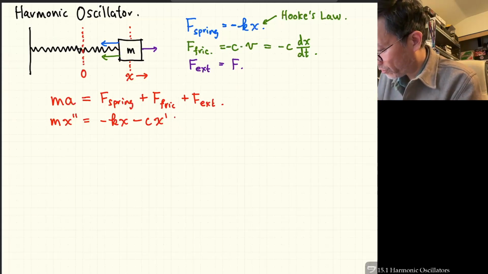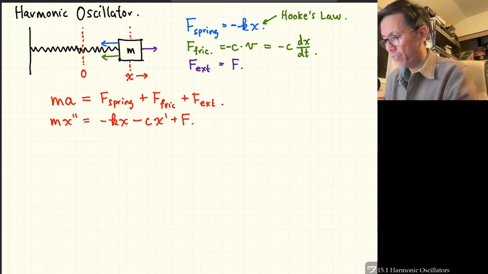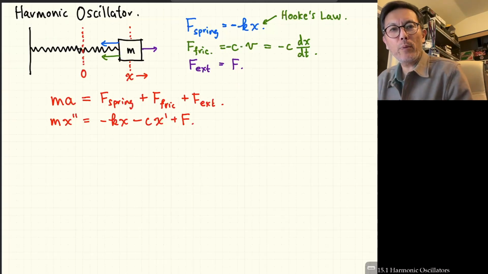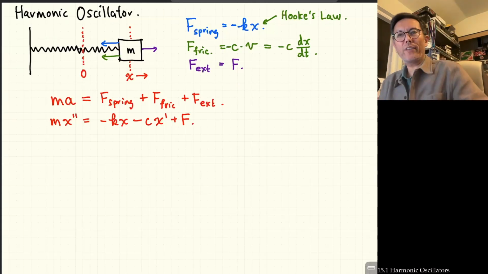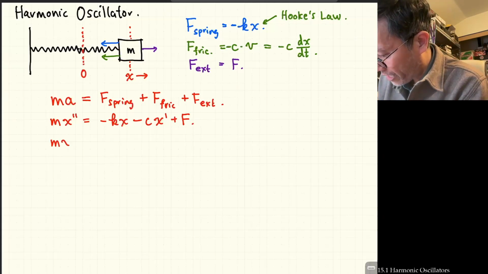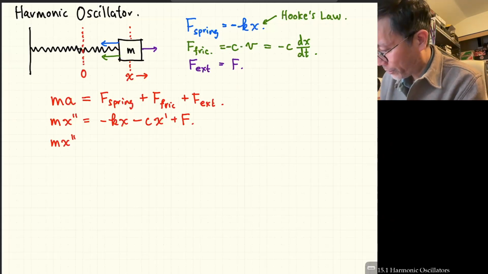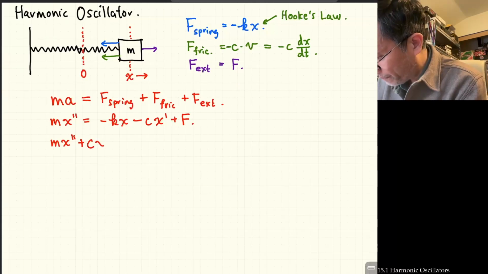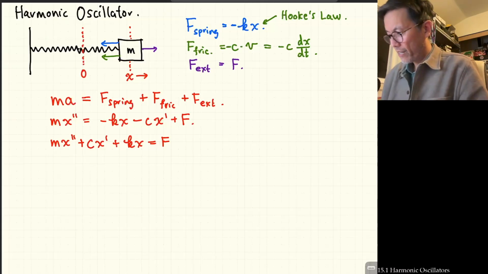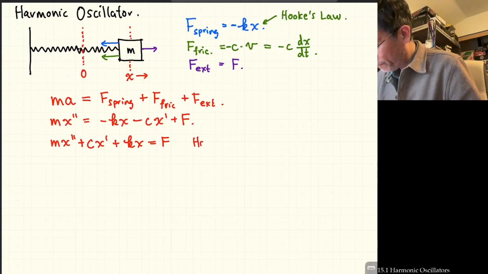And this external force we'll just call F. Now I'm going to move the negative cx prime over, and I'm going to move the negative kx over, and I get the harmonic oscillator equation, mx double prime plus cx prime plus kx equals F. And this is called the harmonic oscillator.